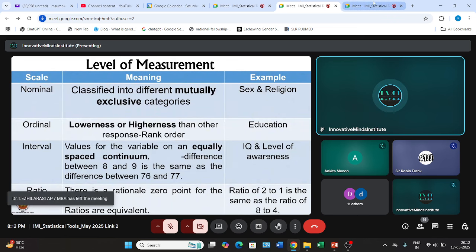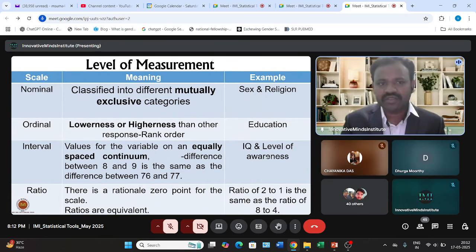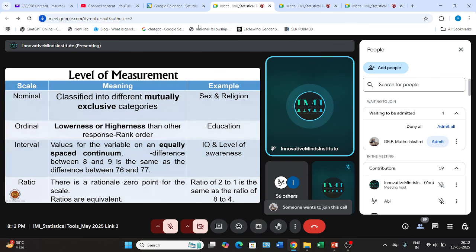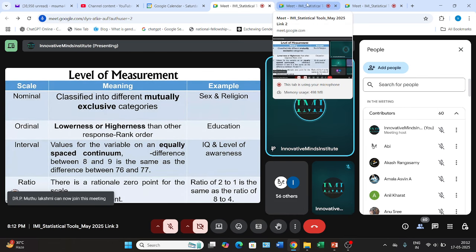But what is the difference between interval and ratio? How to identify the difference? A real 0 is present in ratio, which means a value of 0 is meaningful, but in interval that is not the case. For example, people with an IQ level or level of awareness of 0, it's impossible. At least some IQ level they will have, right?